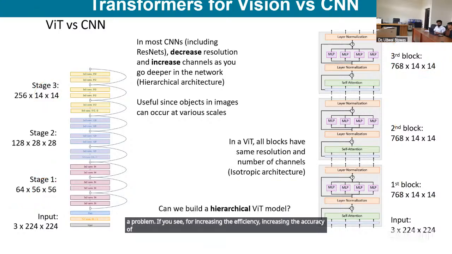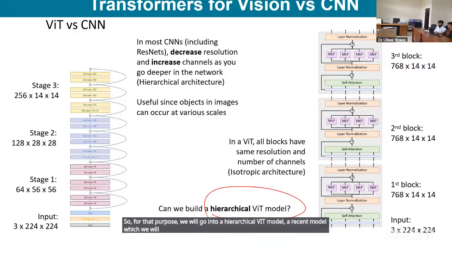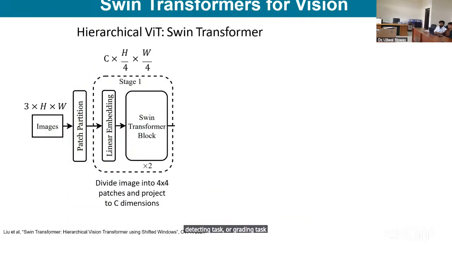For that purpose, we will go into a hierarchical ViT model, a recent model which we will also be using in our diabetic retinopathy detection or grading task, known as the Swin Transformer. The Swin Transformer is a hierarchical approach to the ViT.